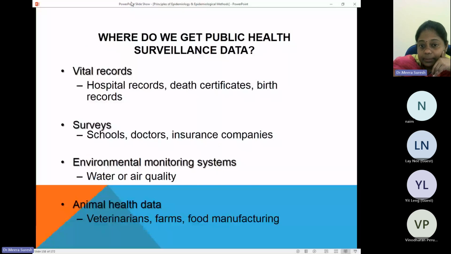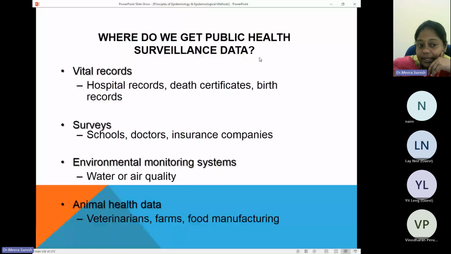And how do we get this public health data? We already told that who are reporting it, and what are the sources, like what are the documents we get the surveillance data. For example, if you want to do some research project and you want the data of a particular thing, like how is tuberculosis now in Malaysia. So you want that data, from where you will get it.